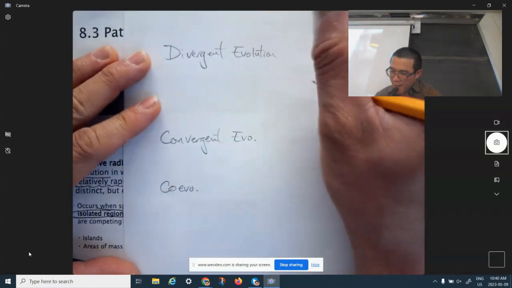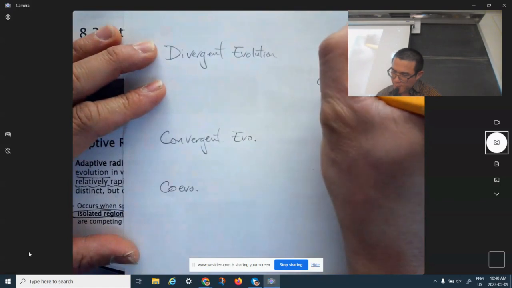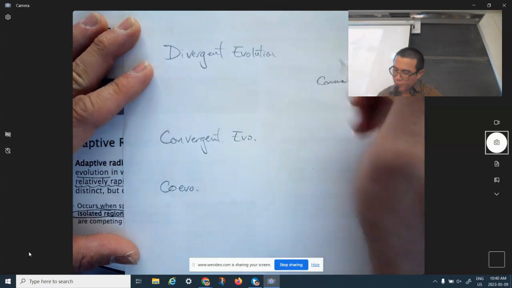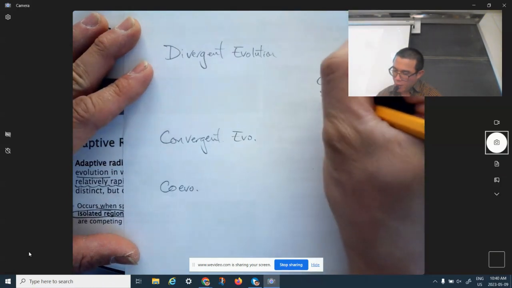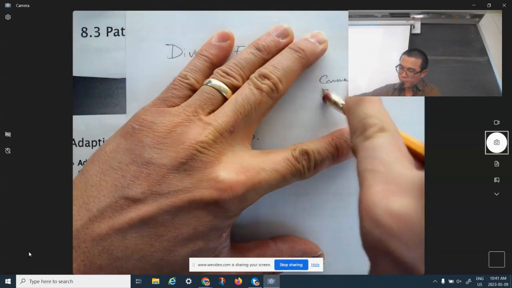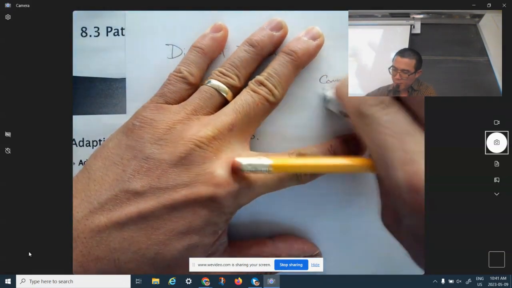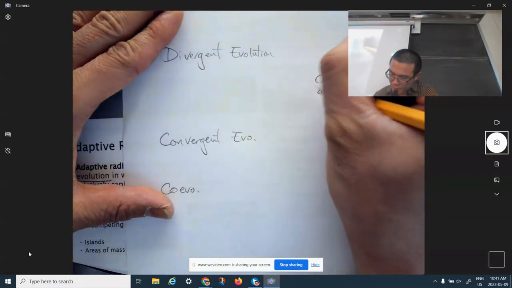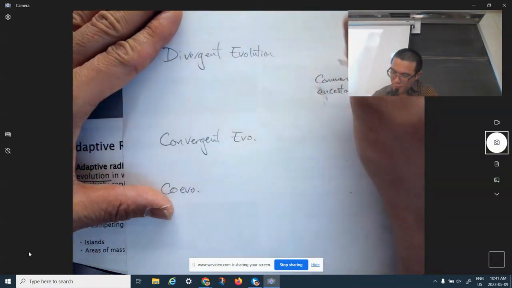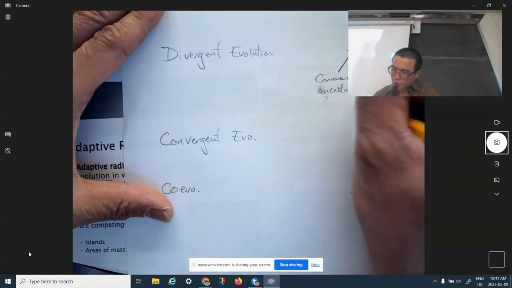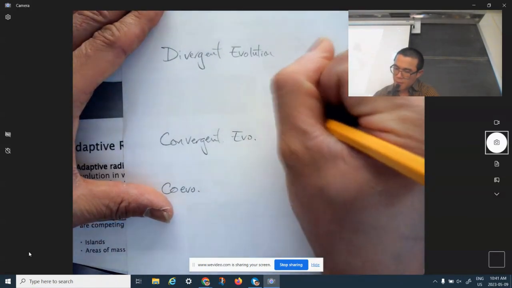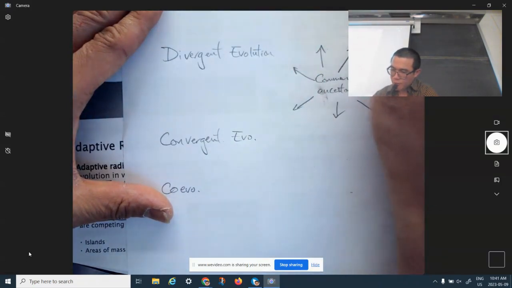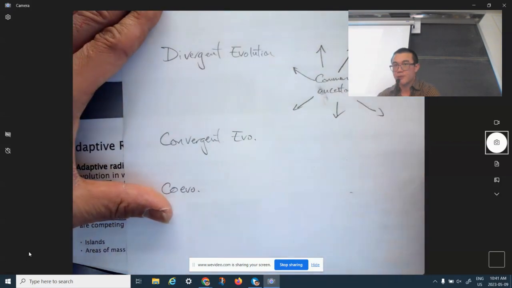Divergent evolution will have common ancestors, and they diverge into different traits.